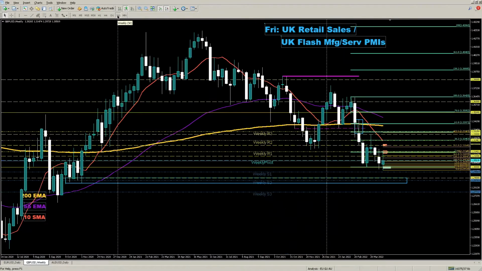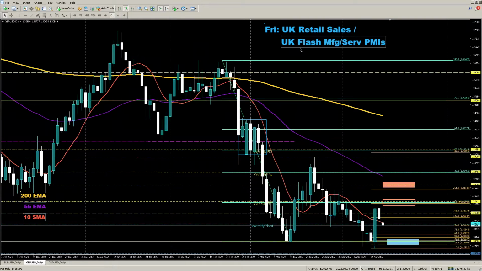Okay, let's check out the weekly time frame. And yeah, it's a bit constrained, although it drifted slightly lower, but still within the previous week's range.